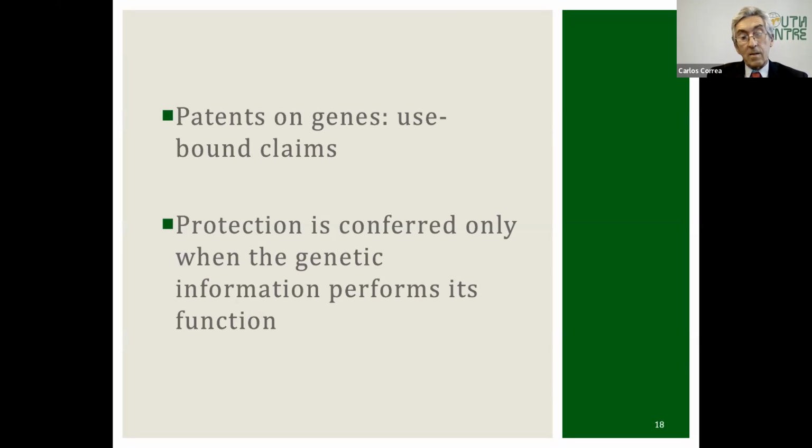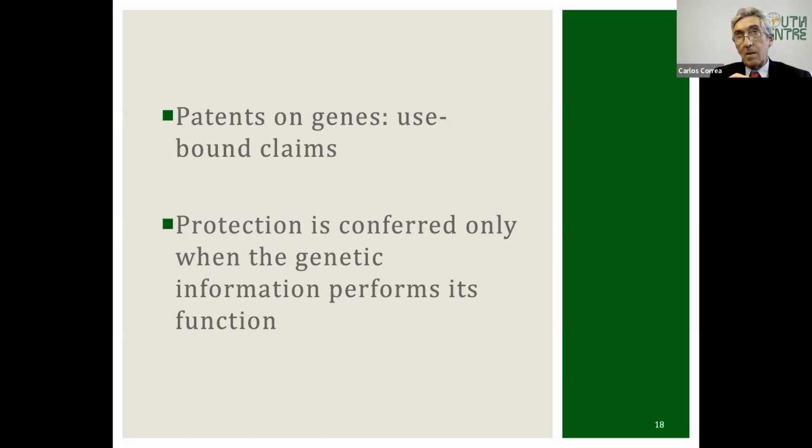Then in Europe, an interesting doctrine has been developed, which aims at limiting patents on genes to the use or the function which is specifically described in the patent application. So this means that they apply the concept that is generally called use-bound claims.